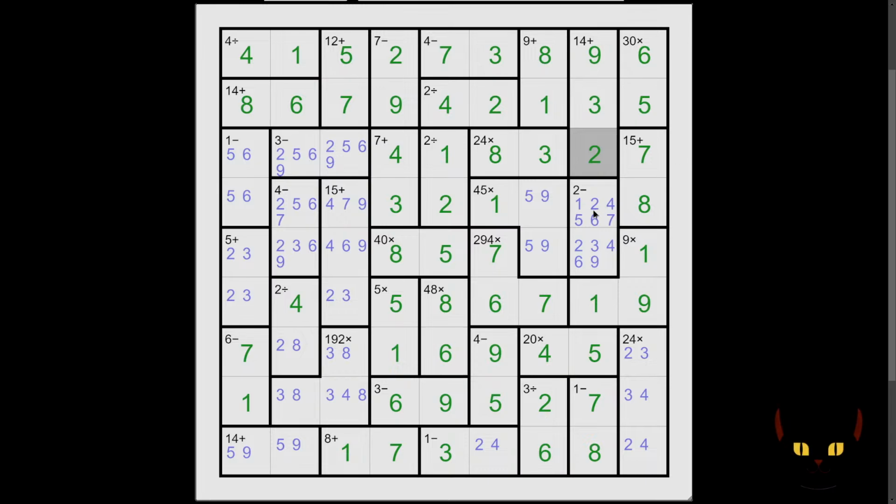So maybe good. Okay. This column has no 1, it has no 2. Could still be 4. 7. 6. Is there a difference of 2? So good work.